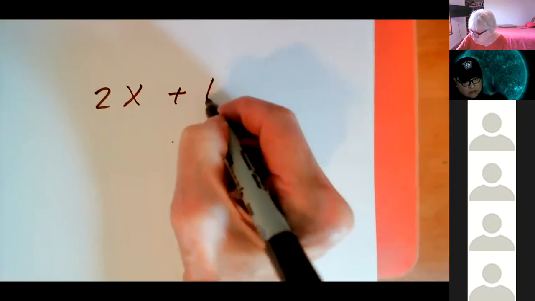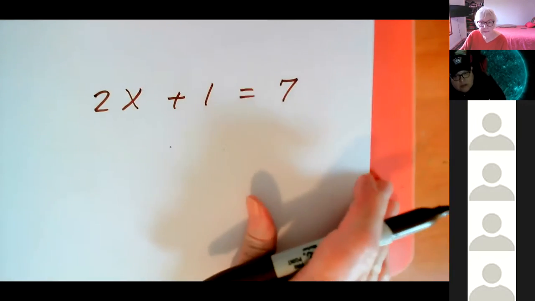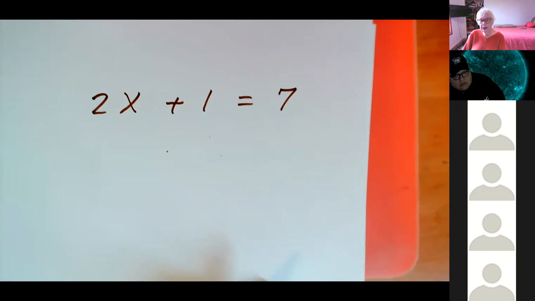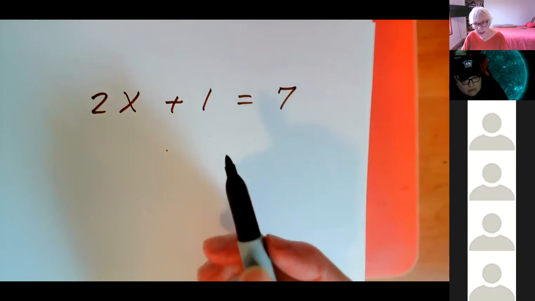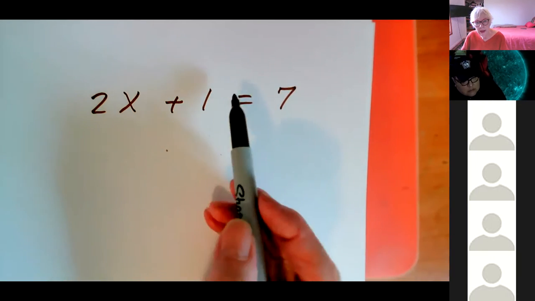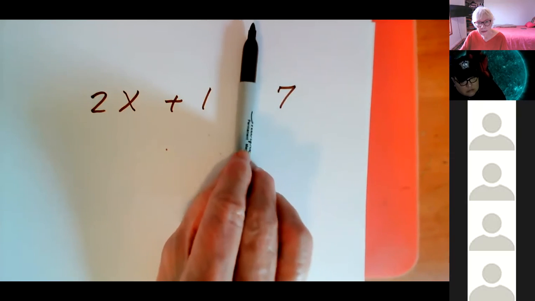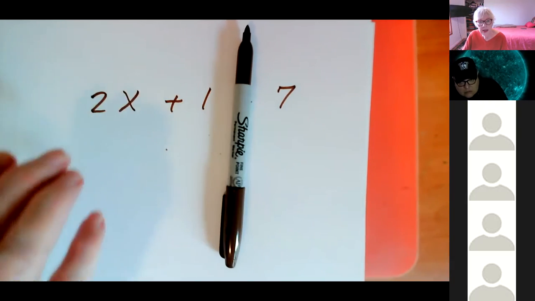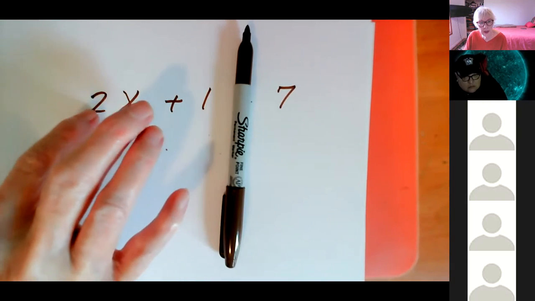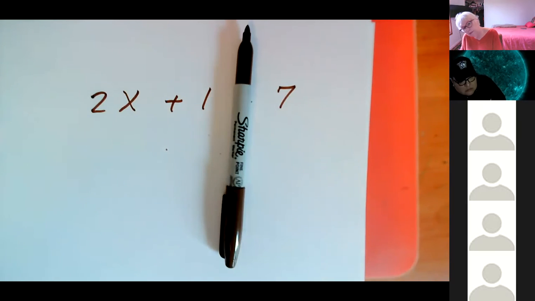2x plus 1 is 7. Oh my goodness. I upped the ante again. The left side, here's the equals. The left side has a 2 times x and a plus 1. The order in which you do this problem makes it either easy or terribly hard.